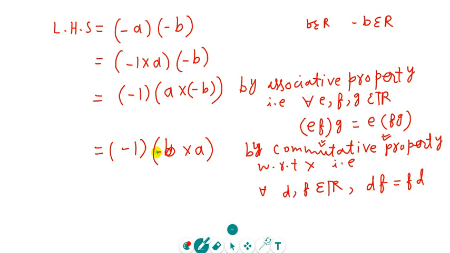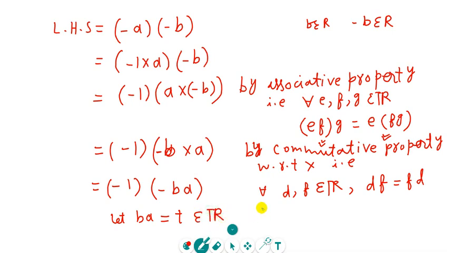So by associative property we have written this minus 1 into minus ba. By closure property we know that if we have two real numbers, then their product will also be a real number. This is the closure property with respect to multiplication. So we suppose let ba is equal to t, and t will also be a real number by closure property.